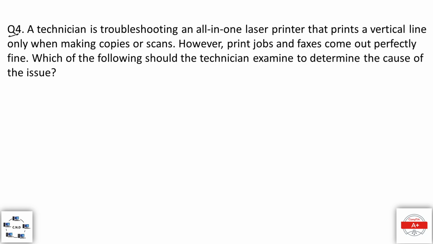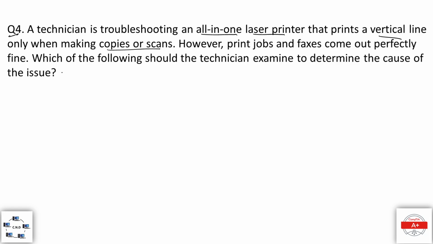Question number 4. A technician is troubleshooting an all-in-one laser printer that prints a vertical line only when making copies or scans. However, print jobs and faxes come out perfectly fine. Which of the following should the technician examine to determine the cause of the issue?